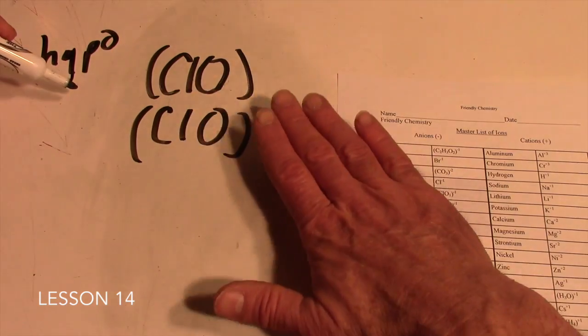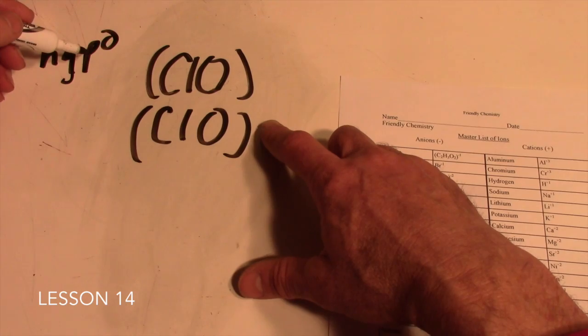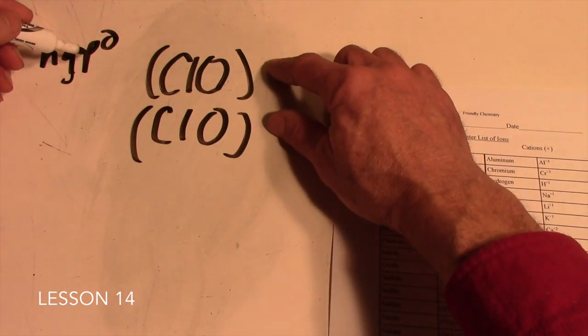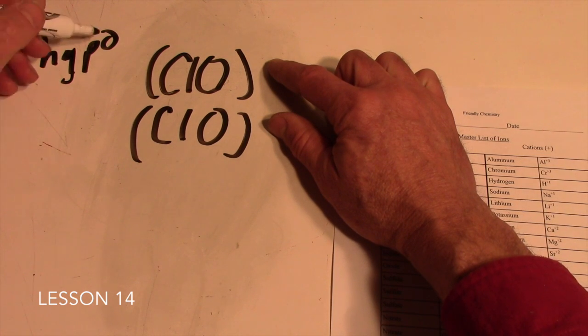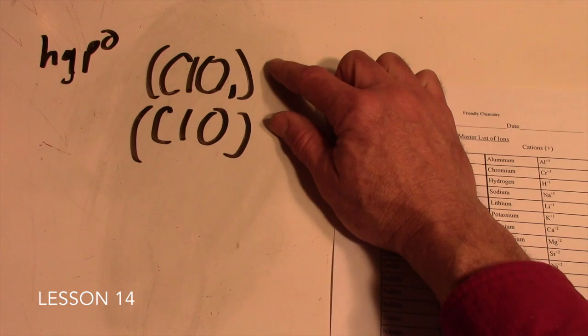Hypo means low or beneath or under. So hypochlorite is going to be the ion with the lowest number of oxygens. So hypochlorite is going to be ClO1.